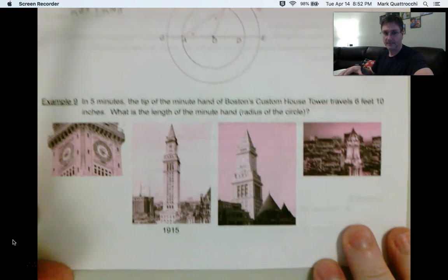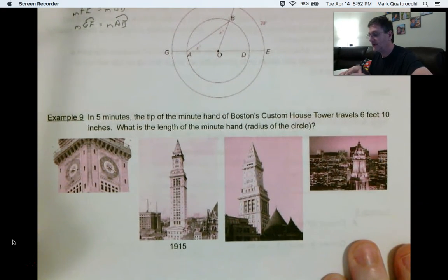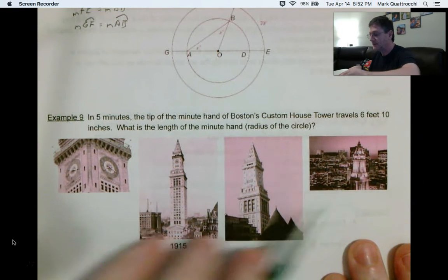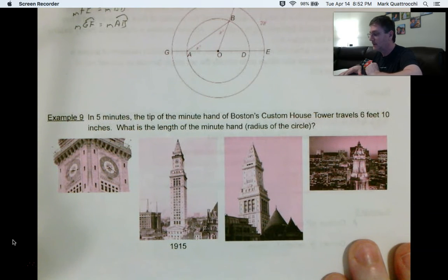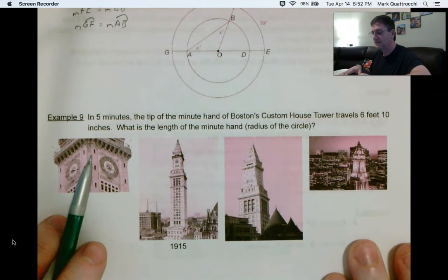Example 9. So in 5 minutes, the tip of the minute hand of Boston's Custom House Tower, you can see this in Boston, it's a famous landmark in the city of Boston, travels 6 feet and 10 inches.